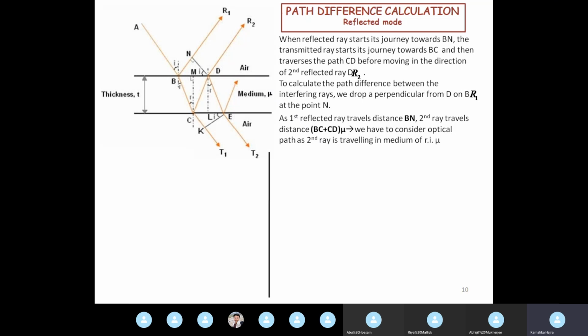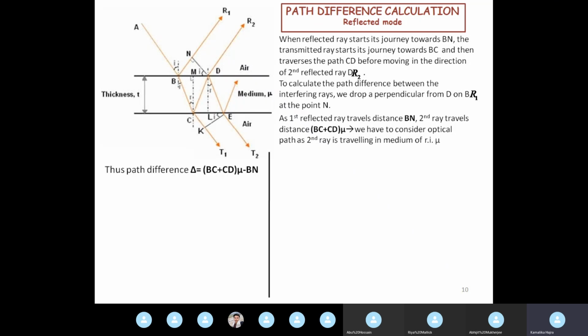So, as the first ray covers a distance BN, the second ray reaches D by traveling a distance mu into BC plus CD within the medium, and then they start their journey together from the points N and D simultaneously. So, even before their simultaneous journey begins, a path difference is incorporated between the interfering rays.